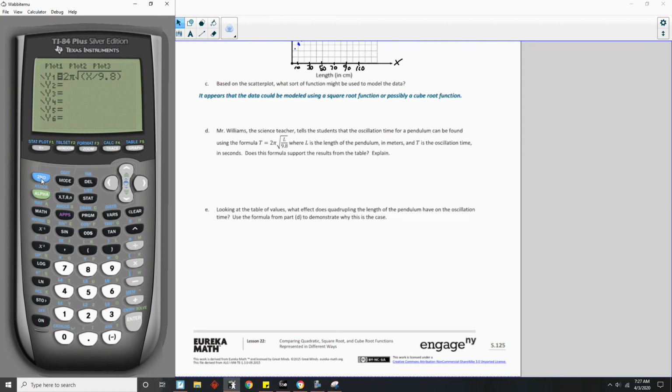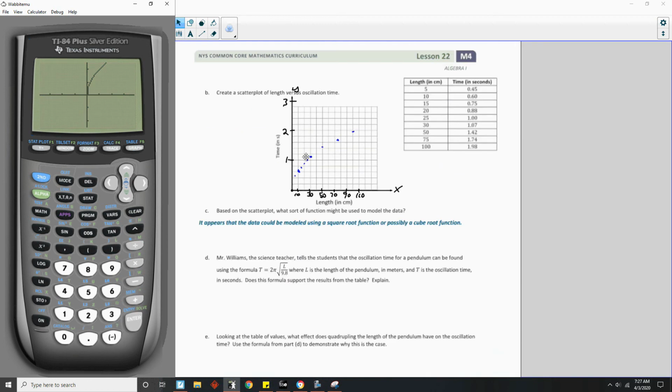So if I hit graph, and I want to do a window from time in seconds, x is 5 to 100, so I would change my x minimum to 0, and my x max to 100, and my y minimum 0 to 2.